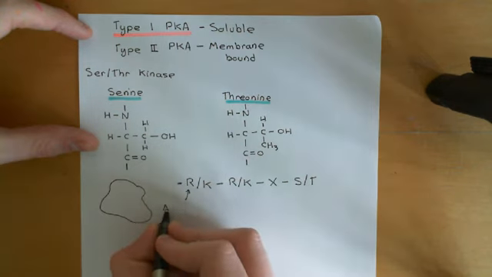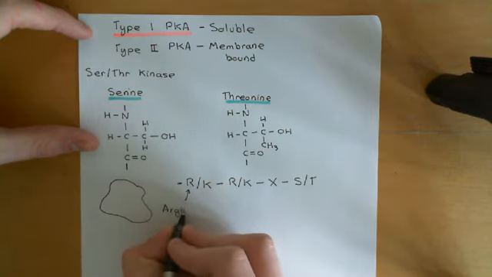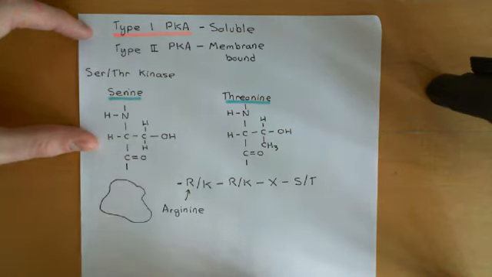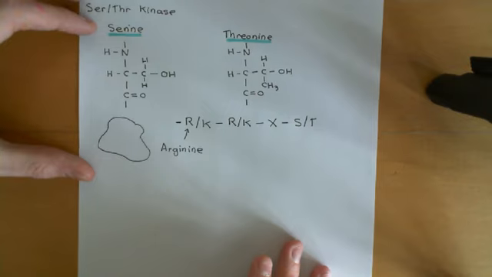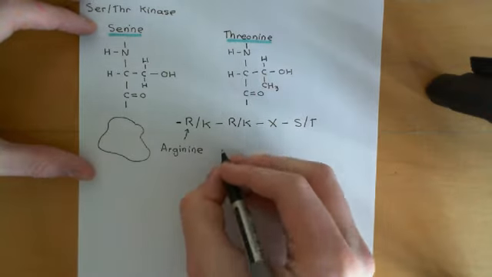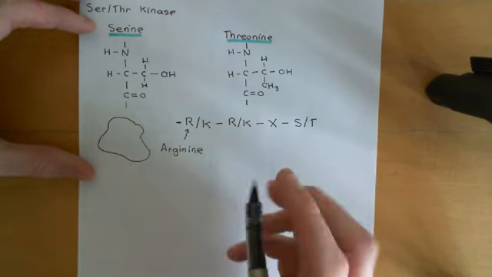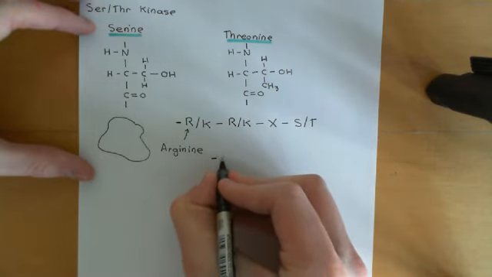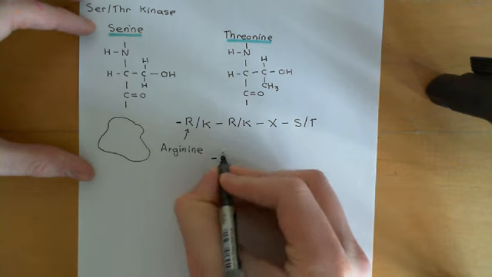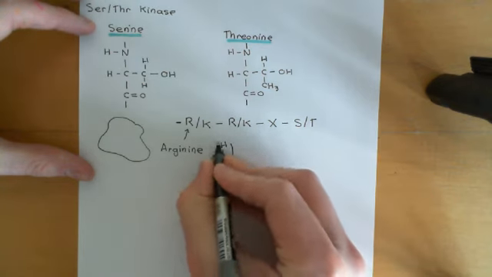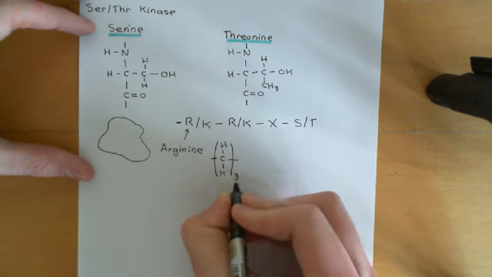Okay, so R then. R is the single letter amino acid code for arginine. Okay, it wasn't given the single letter code A because A went to alanine. Okay, so let me just remind you of the R group of arginine. So I won't draw the full amino acid structure out, I'll just draw the R group of this amino acid out. Okay, so arginine's R group consists of 3 methylene groups coming off the alpha carbon.